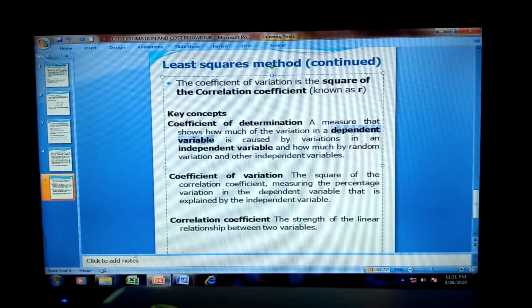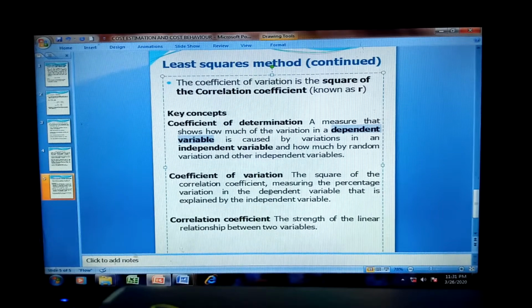We can determine in percentage terms the causes of the variations in the dependent variable and independent variable, as well as the percentage change in variations as a result of changes in other independent variables. Then correlation coefficient, that is simply the strength of the linear relationship between two variables.